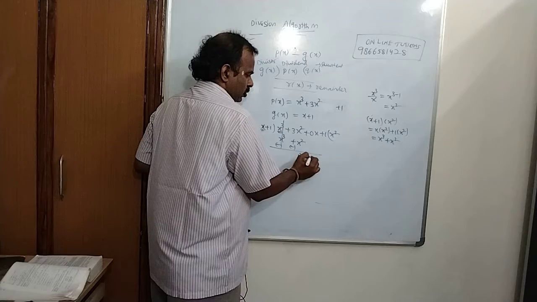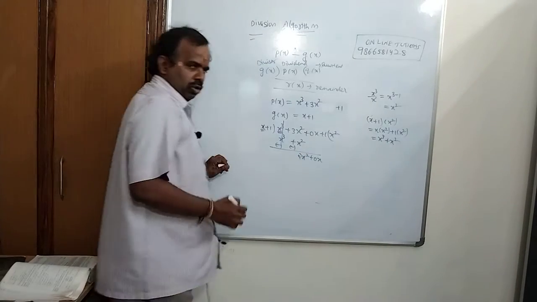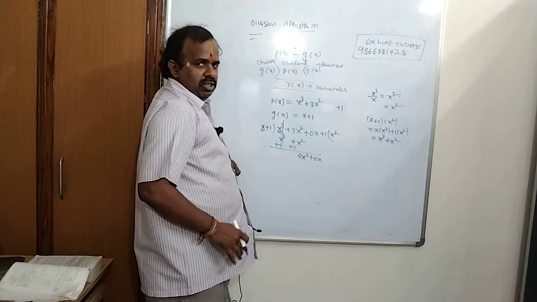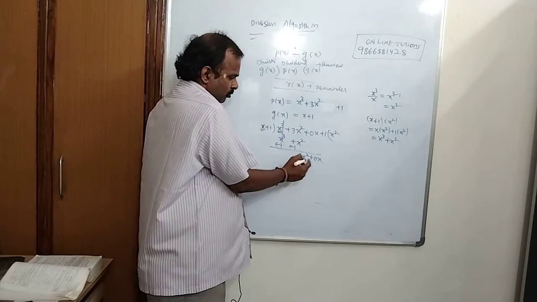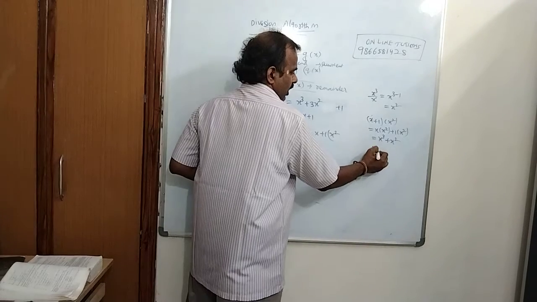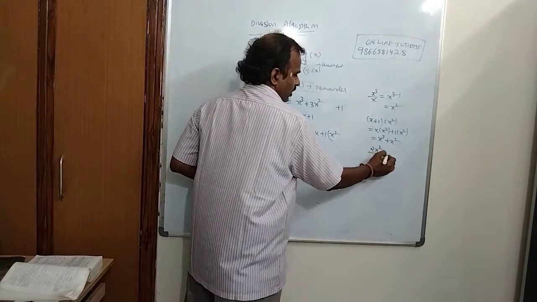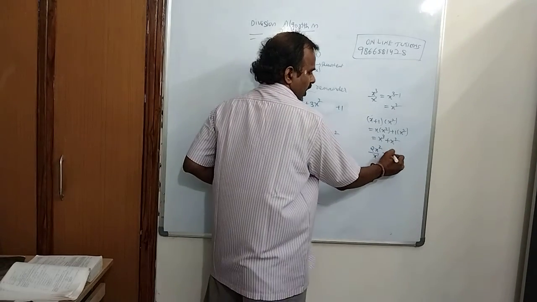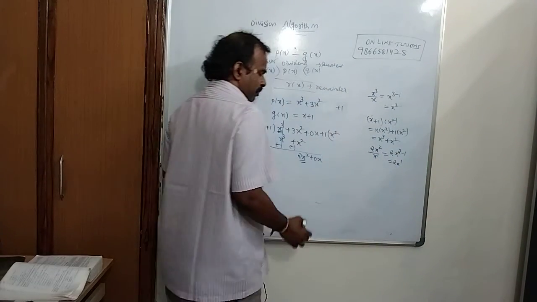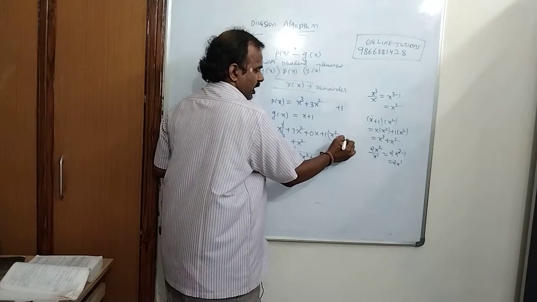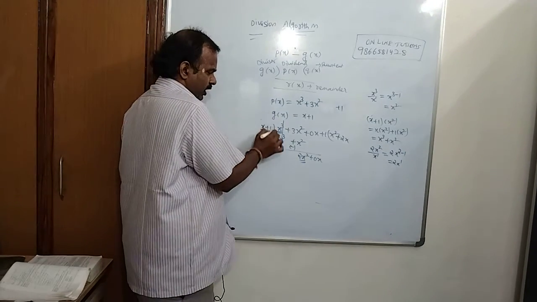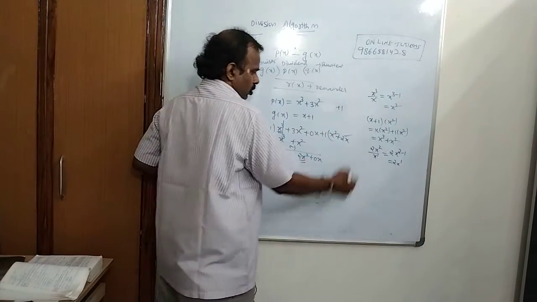So 2x square plus 0x. As we don't have any term, just for our convenience we write 0x. Now 2x square by x, that is 2x power 2 minus 1, 2x power 1. So write here plus 2x. Now multiply this entire x plus 1 with 2x.